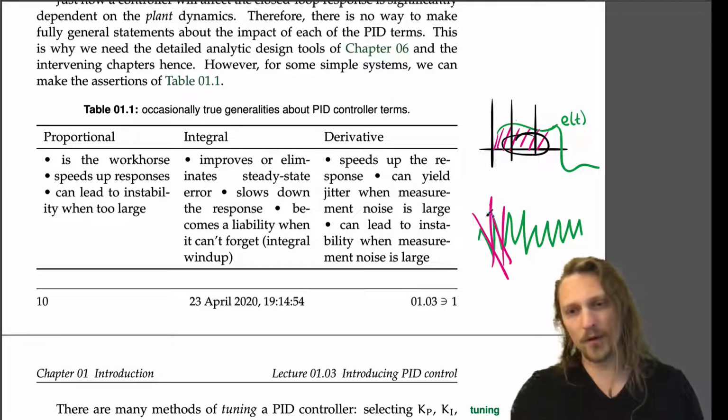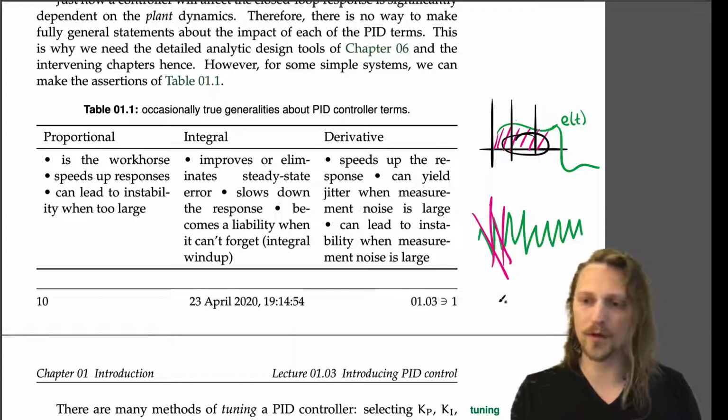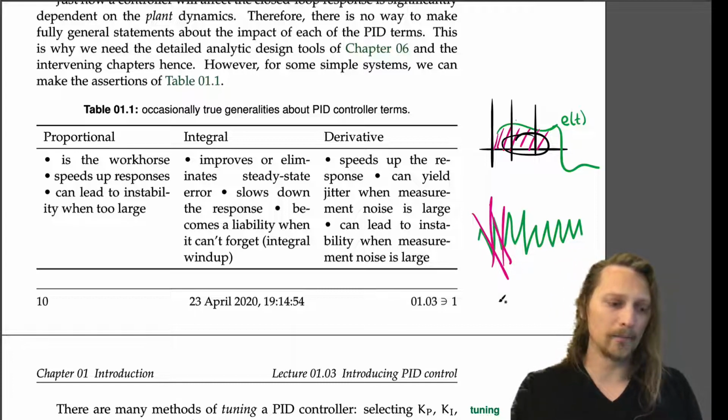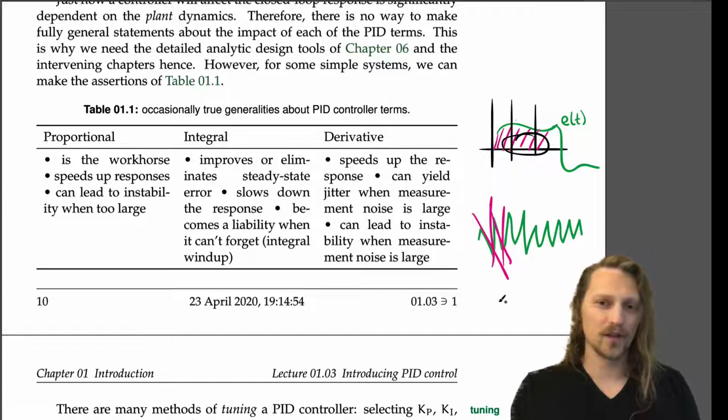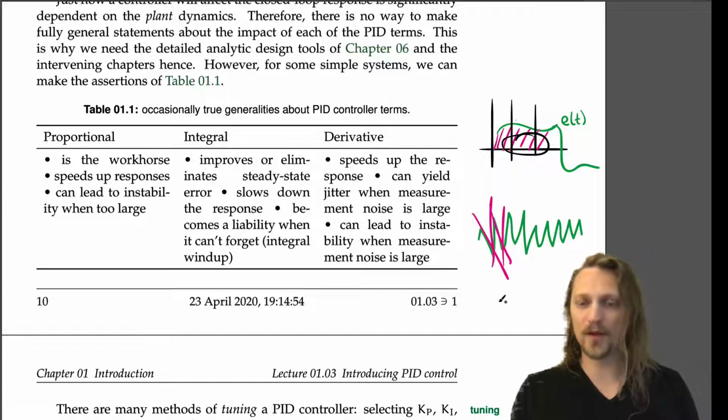If you are estimating the derivative based on just the current point and the previous point, which is frequently what we do in digital control, it's better to have a little smoothing in your estimate of the derivative, maybe a few points, a little windowing.